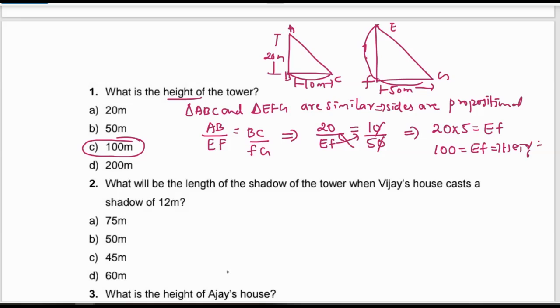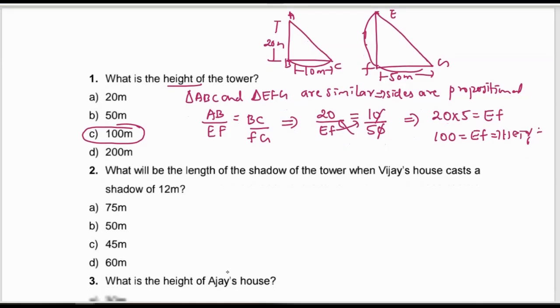Then moving on with the next question: what will be the length of the shadow of the tower when Vijay's house casts a shadow of 12 meters? So this 10 is changing into 12 meters. I'll just draw here.